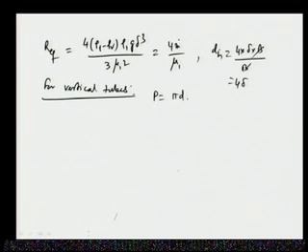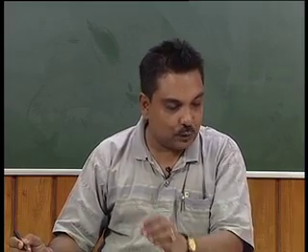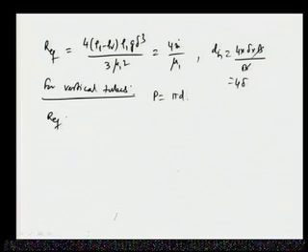Here that perimeter is breadth, for vertical tube it is pi into d. So, many a times it is written that Re_F is equal to 4 into m dot by P into mu L. P is the perimeter.